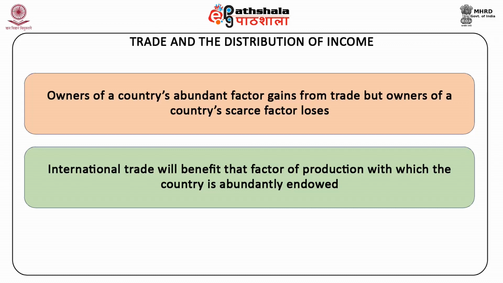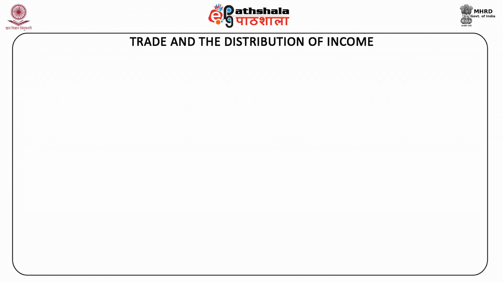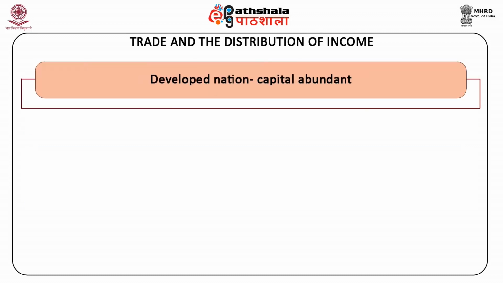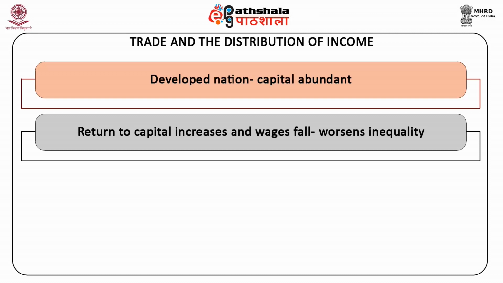International trade will benefit that factor of production with which the country is abundantly endowed. Since developed nations are expected to be capital abundant, following the opening of trade, the return to capital in the developed countries is expected to increase and wages are expected to fall.